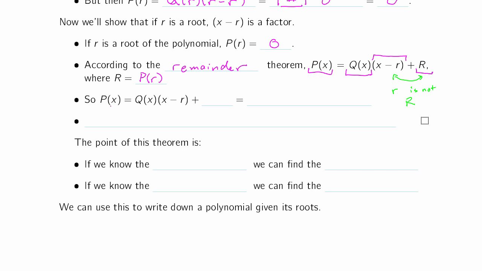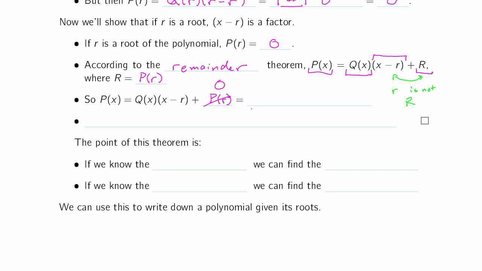So p of x is q of x times x minus r plus the remainder. But p of r is just 0.